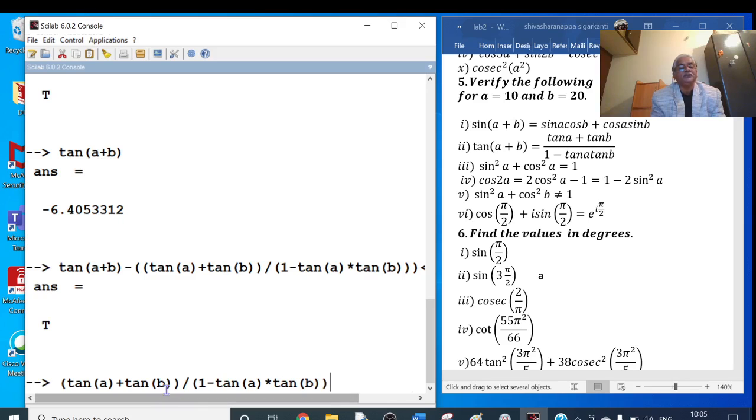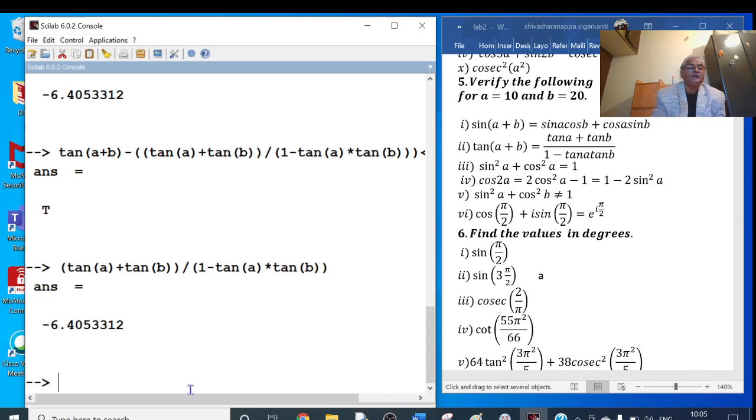If here also I am getting the same answer, then I can write manually tan of A plus B equal to tan A plus tan B divided by 1 minus tan A into tan B. Just press the enter button. Am I getting the same answer here? Yes, I am getting the same answer. Therefore, tan of A plus B equal to tan A plus tan B divided by 1 minus tan A into tan B.